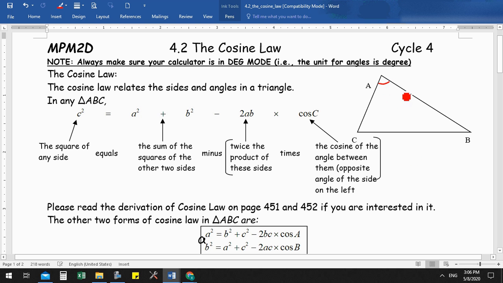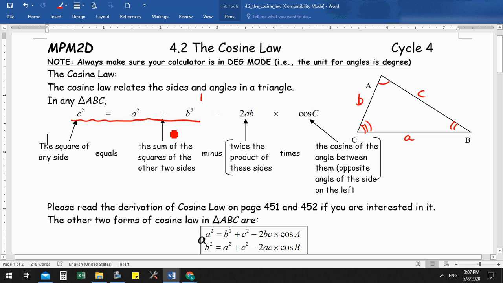Angle A, angle B, angle C, and the opposite side uses a small letter for the angle. For the cosine law, the easier way to remember it is you just focus on the first part, comparing this one with the Pythagorean theorem.